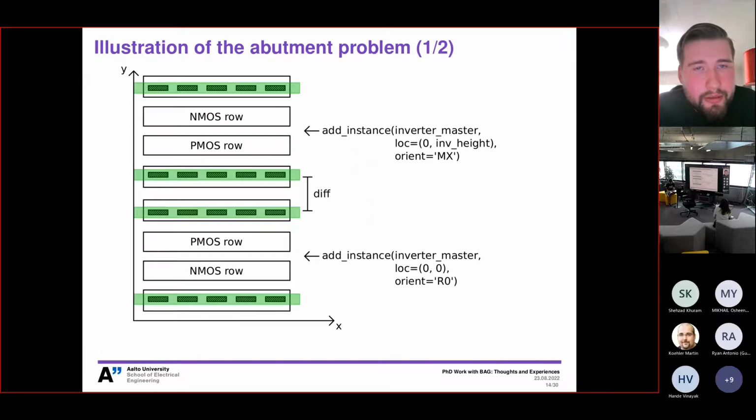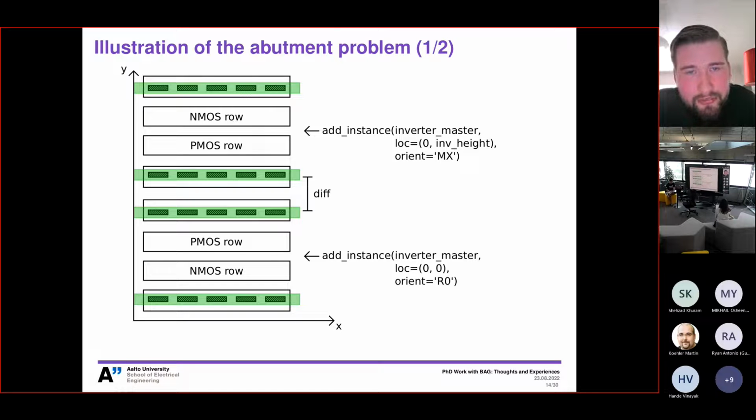So basically this example here illustrates the problem in more detail. Let's imagine that we are working with the inverter template, and we have a top level generator where, for some reason, we want to place two inverters on top of each other. How you go about that is you call add instance on the inverter master and specify the location and then the orientation of the devices.